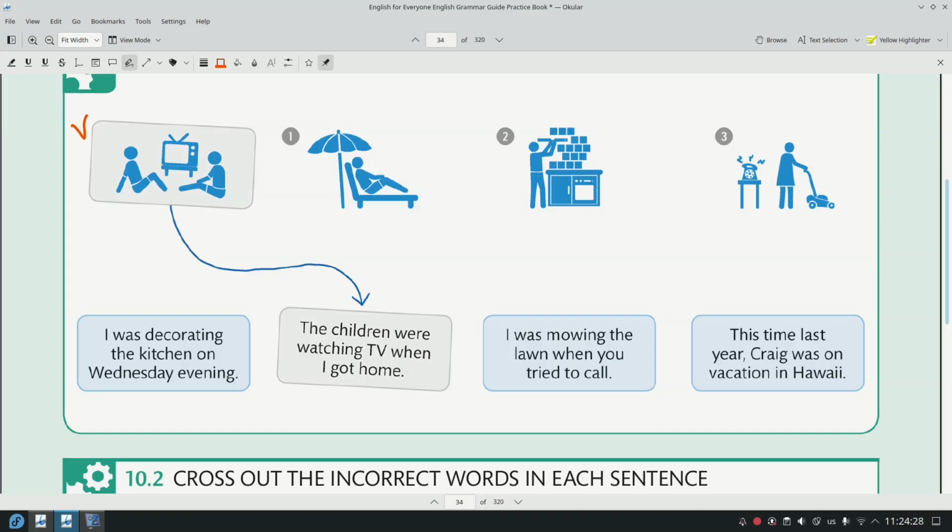The children were watching TV when I got home. Let's look at this one. I was decorating the kitchen on Wednesday evening. That is number 1. I was mowing the lawn when you tried to call. This time last year, Greg was on vacation in Hawaii.